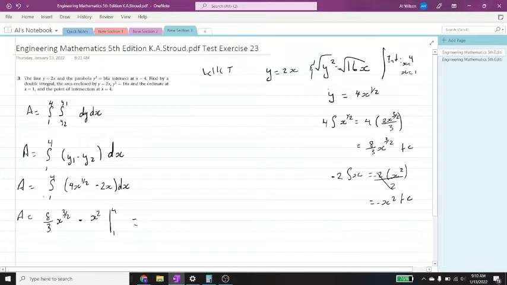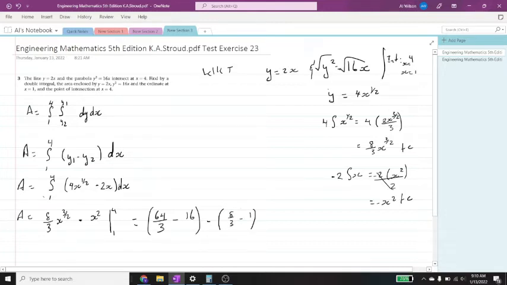Now applying those limits, I'm not going to go through the actual calculation, I'm just going to work straight into what the solutions would look like. Using 4, we'd have 64 over 3, and using x squared, 4 fours is 16. So that's our first bracket. In our second bracket, we'd have 8 over 3 minus 1.